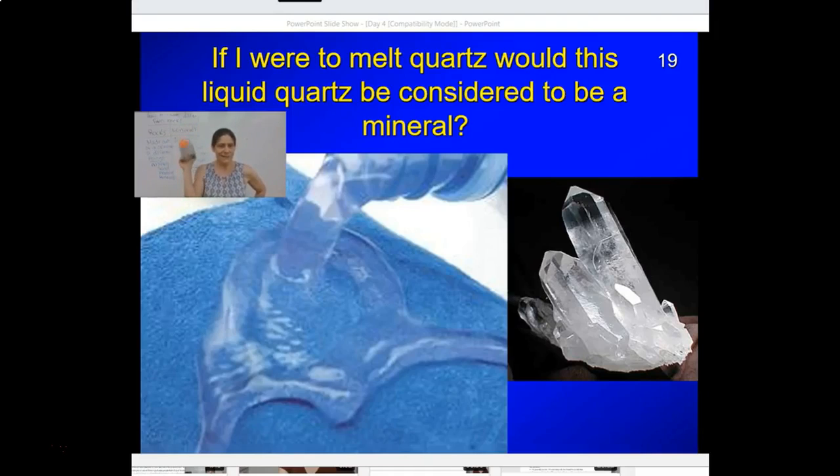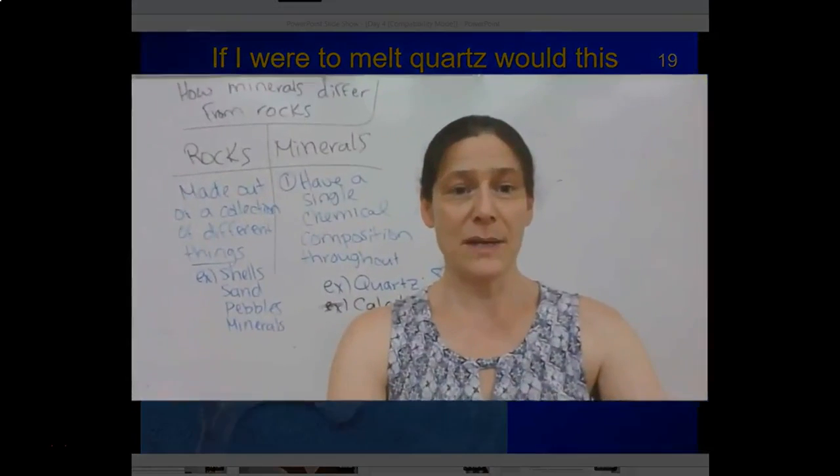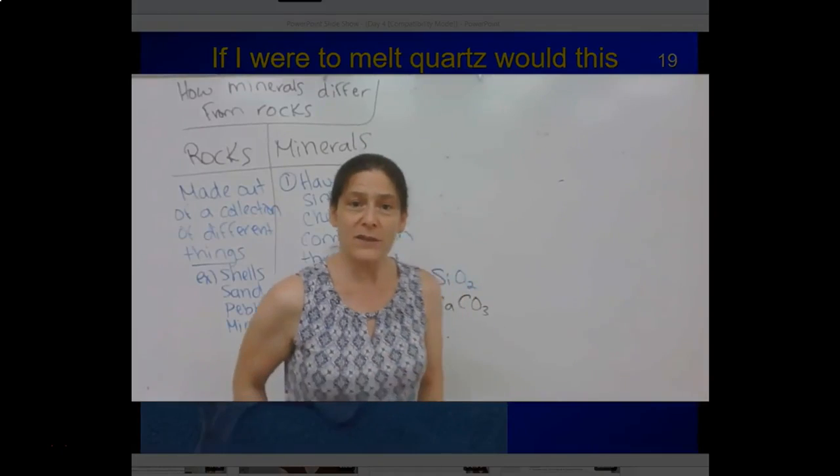Is this a mineral? Is that liquefied quartz a mineral? It has a single chemical composition throughout. What does your intuition say? Can minerals be liquid, you think? I'm hoping your intuition says no. So a second requirement to be a mineral is that you have to be solid.